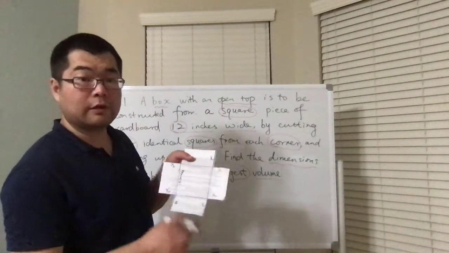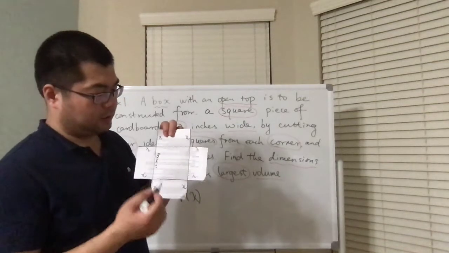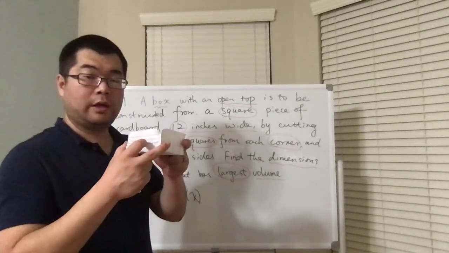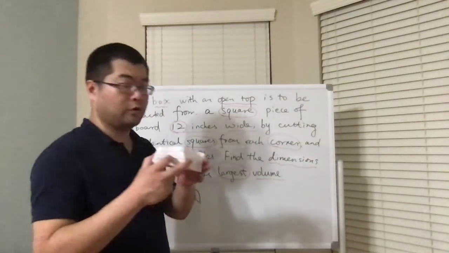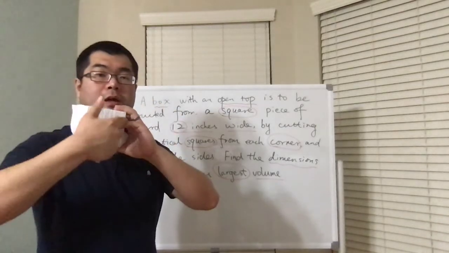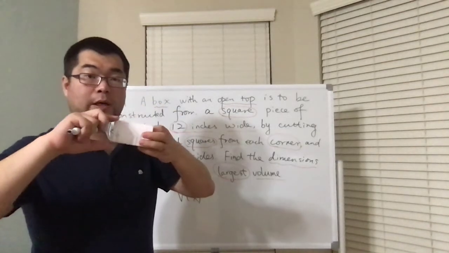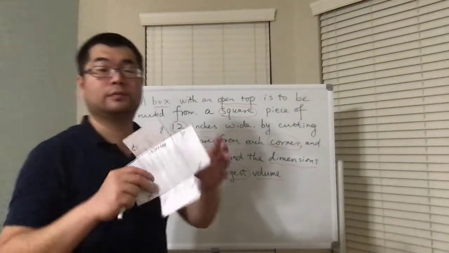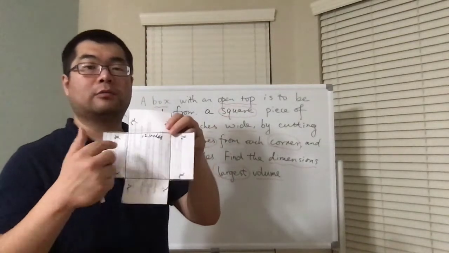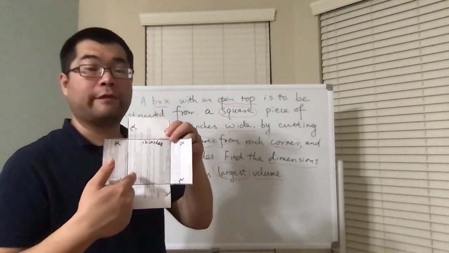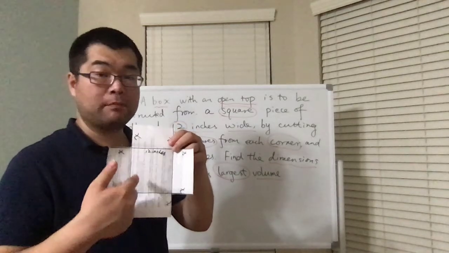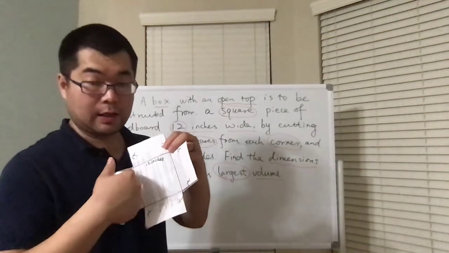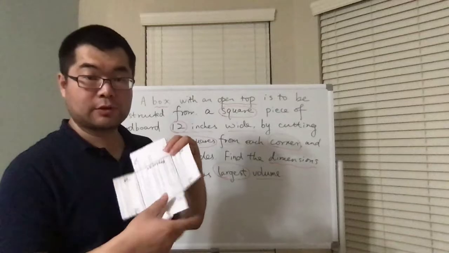Again, guys, if you look at this part clearly, do you agree that to calculate the volume of this open box, I need to know the area of the base and then multiply by its height, right? And if we fold it up and put it back, you realize that the base of this open box is also a square, and we can easily calculate the length of this base square.